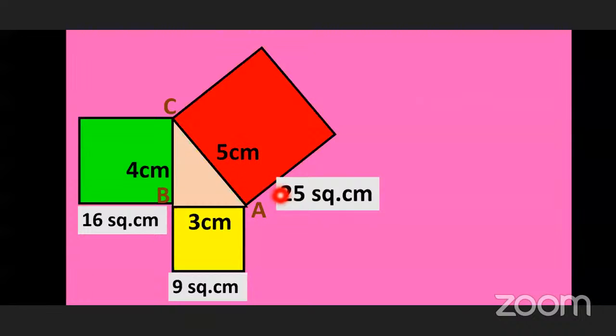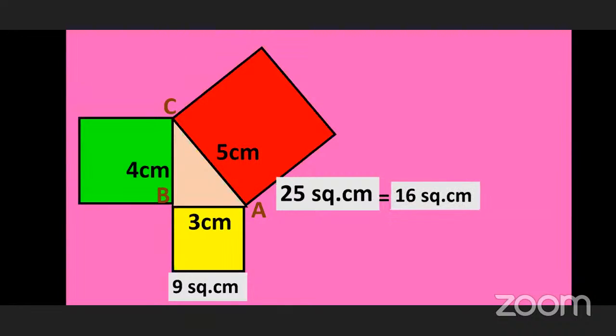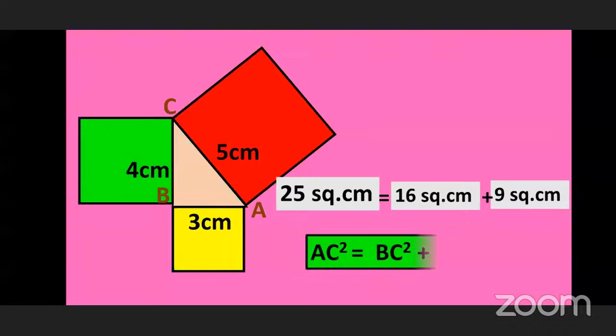Okay. So 25 equals 16, the area of this square, plus 9. 16 plus 9 is 25. That means the area of this square is equal to the area of the other two squares. That means AC square equals BC square plus AB square.